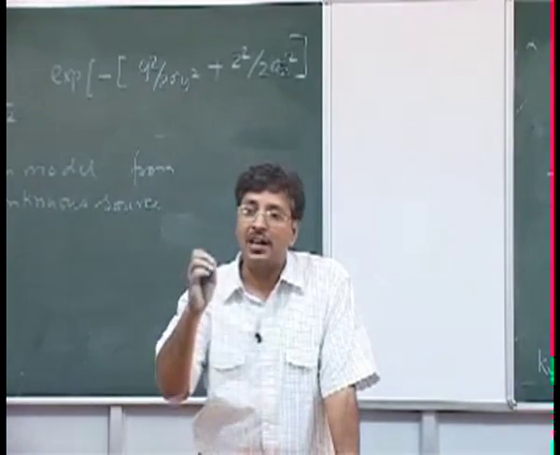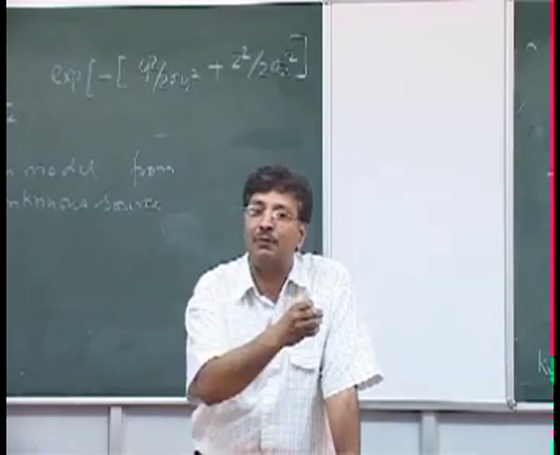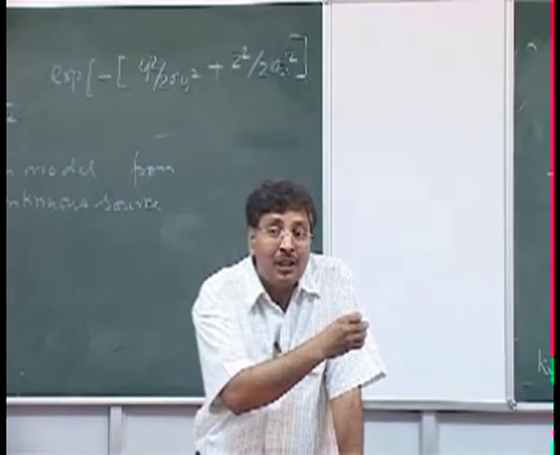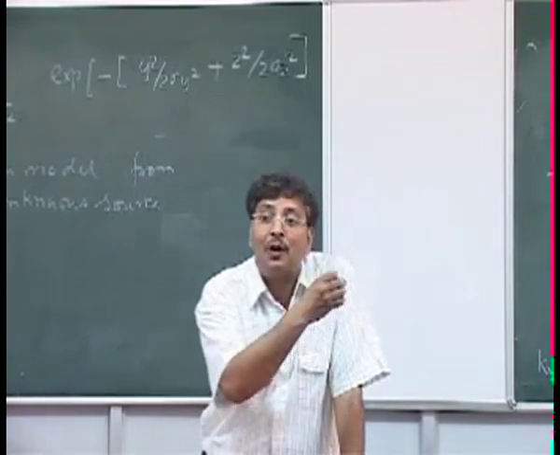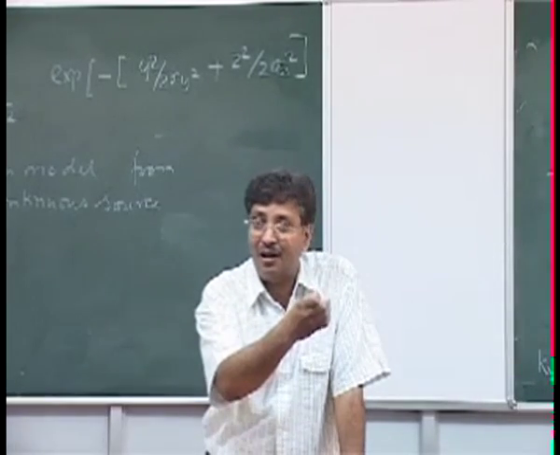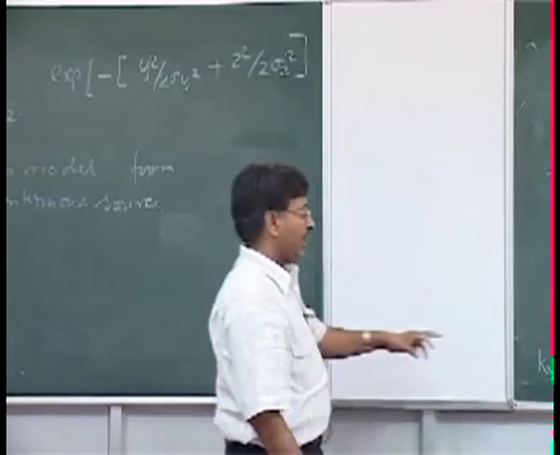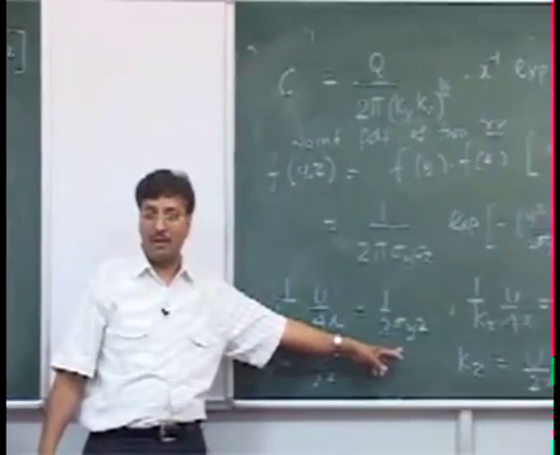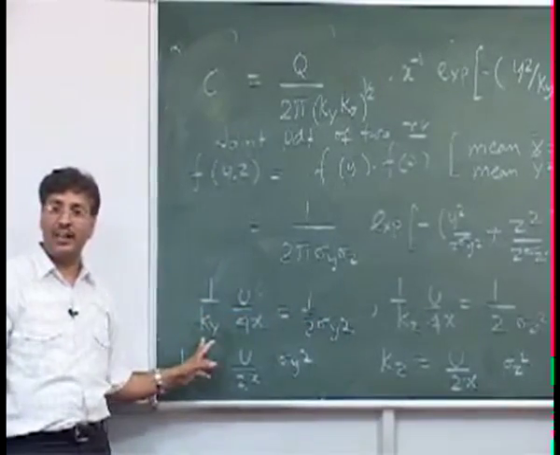So far we are defining turbulence as atmospheric stability. Recall? So see the connection here. X is inbuilt in sigma y and sigma z. Sigma y also represents ky and kz.